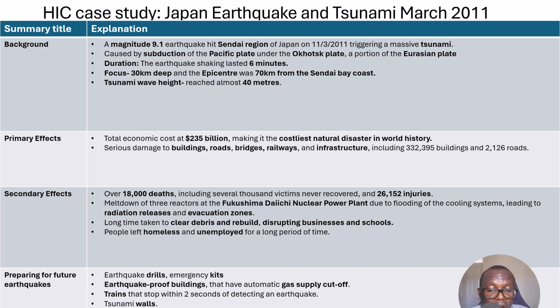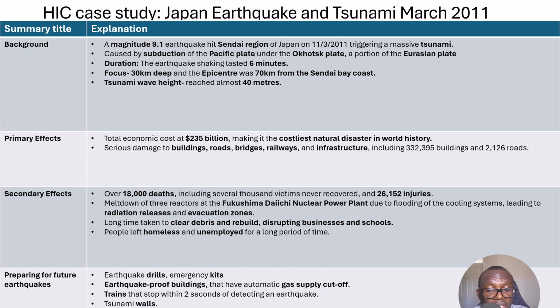Then they also have automatic gas supply cutoff. Now that means that when they sense an earthquake, the gas supply is going to be cut off such that any fires that may be a result of the earthquake are avoided. Then they also have a system where their trains will detect an earthquake within 2 seconds and will also automatically shut down or stop.